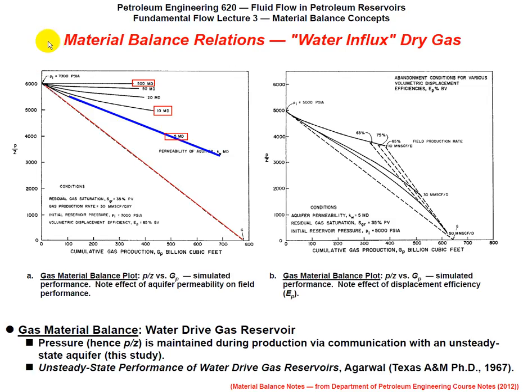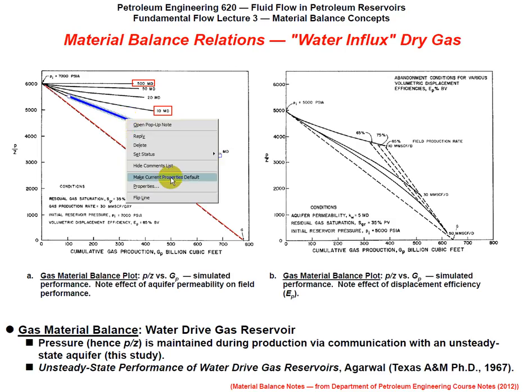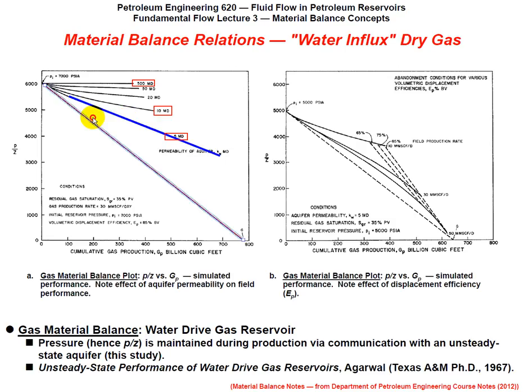How can you tell the difference between abnormal pressure and water influx? It's a trick question. I don't know either. With a lack of information, I don't know how to tell you to do it. Anybody got any ideas?